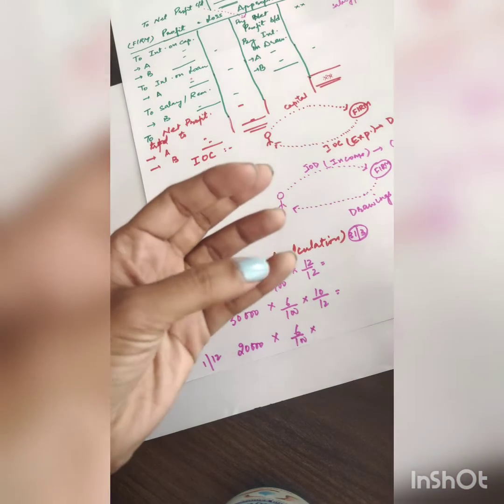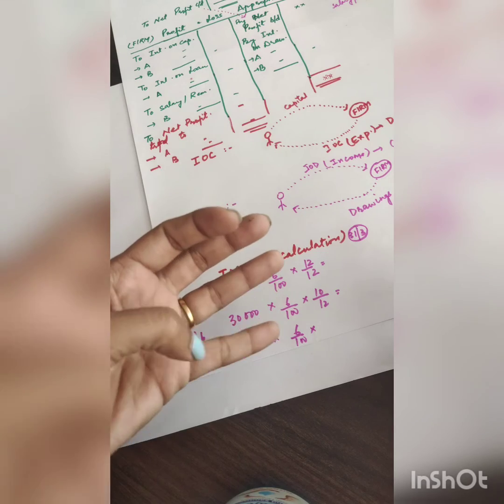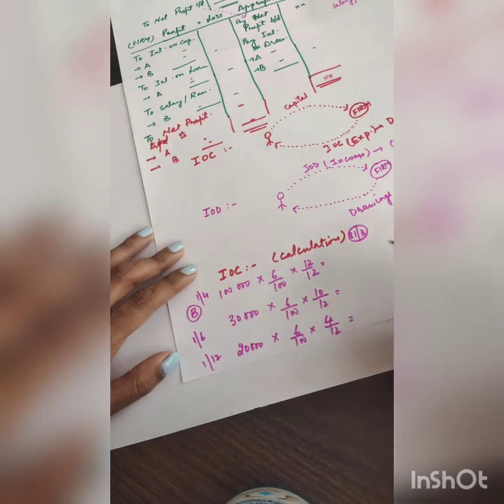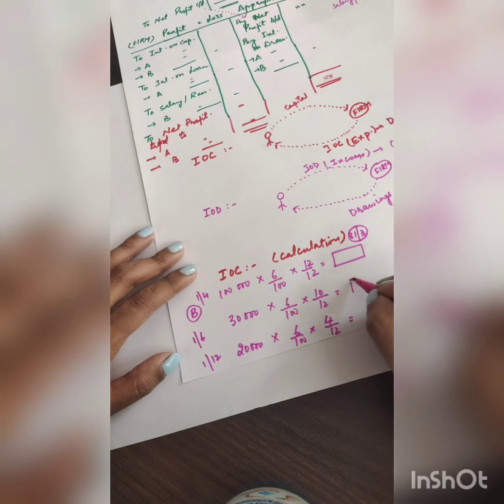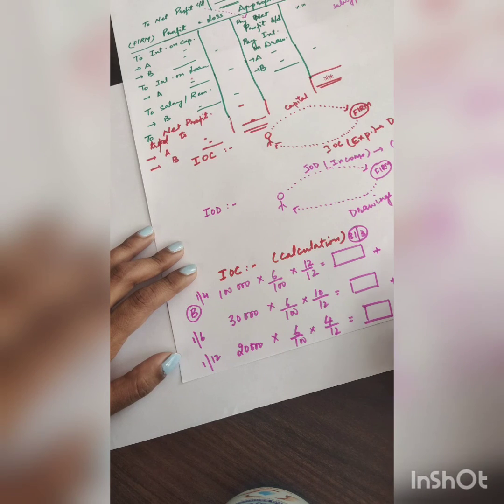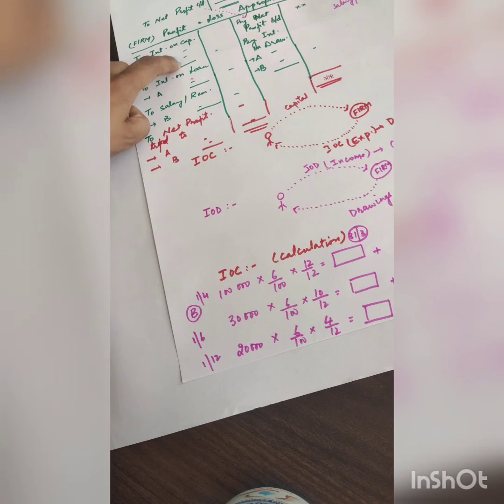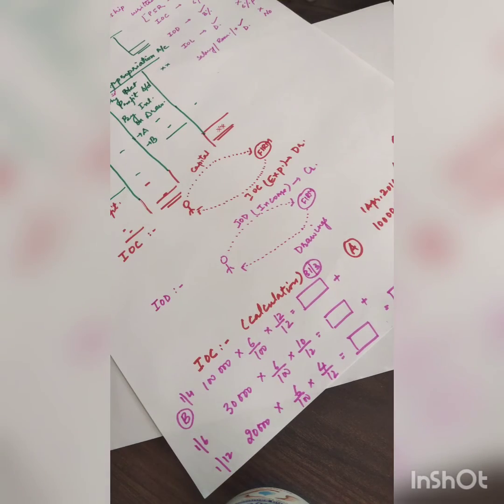December, January, February, March, only 4 months, so 4 upon 12. Whatever amounts come here, the total will be done, and you will use the total amount for writing interest on capital for partner B.